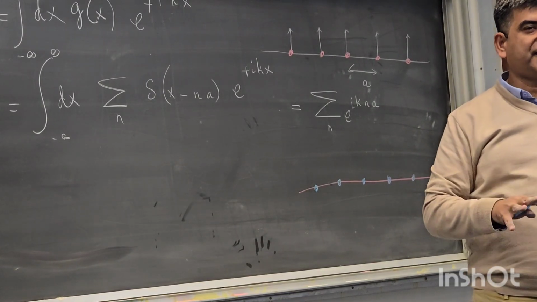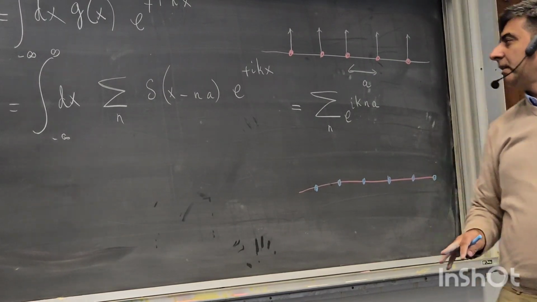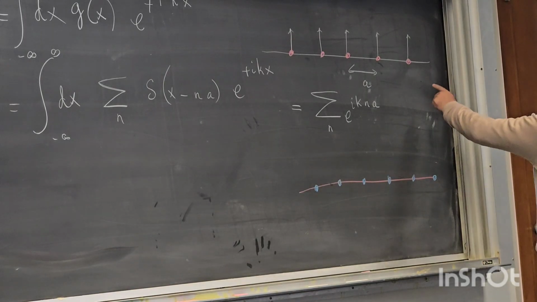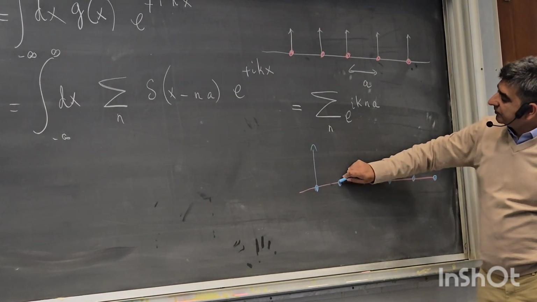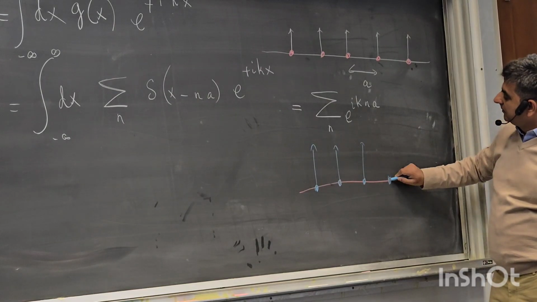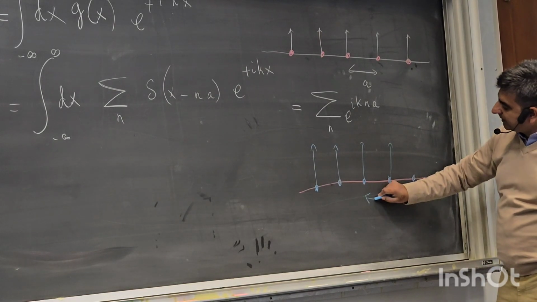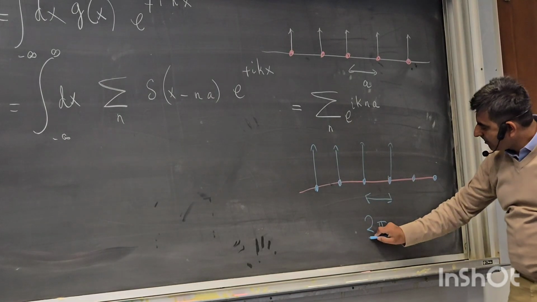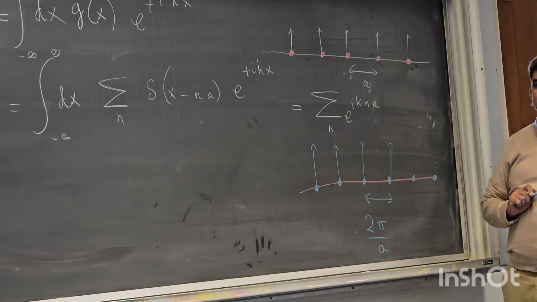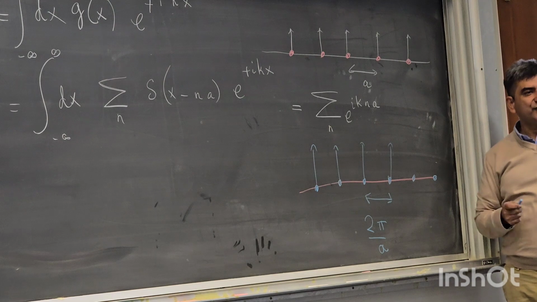There is no surface physics that we need to know. So the reciprocal space corresponding to this will also be a bunch of Dirac delta functions. The only difference is that this spacing instead of a is now 2 pi over a. Right? This is by construction.